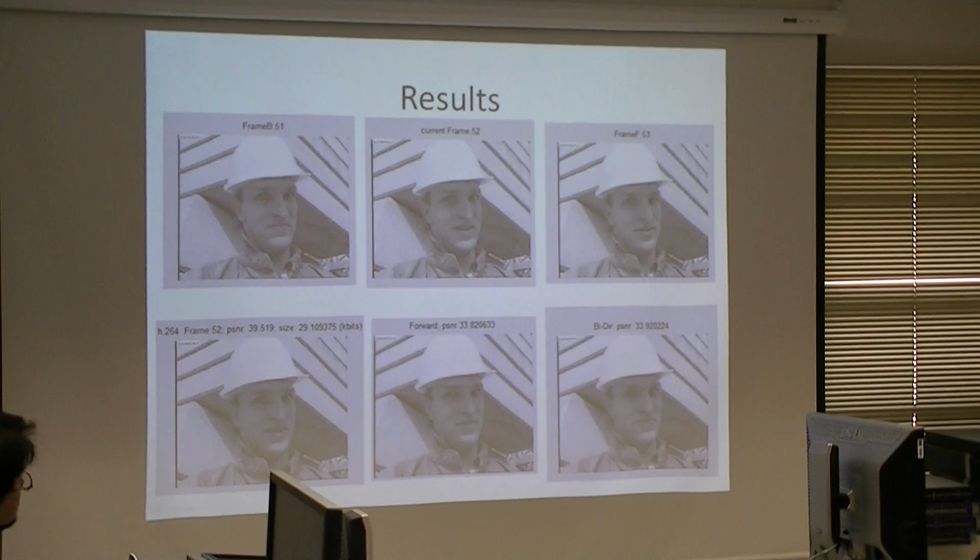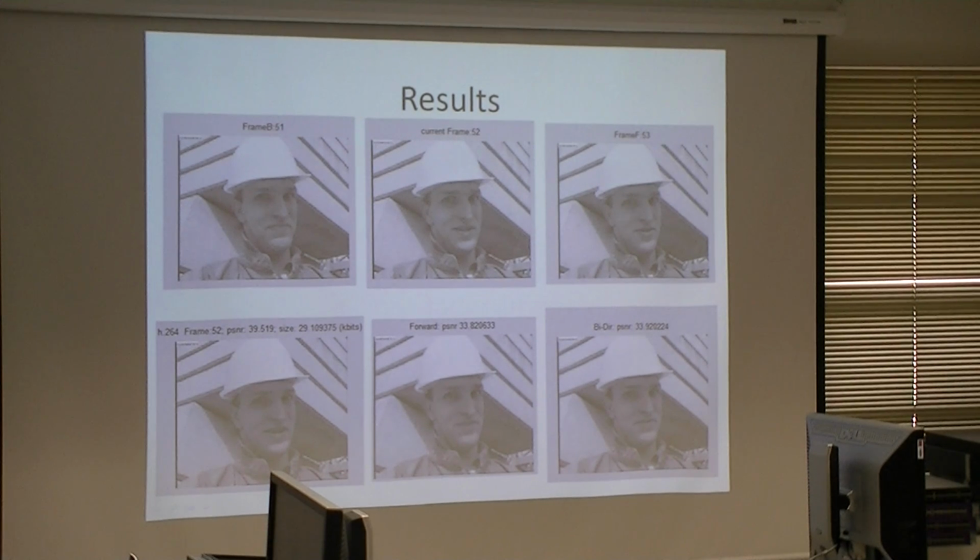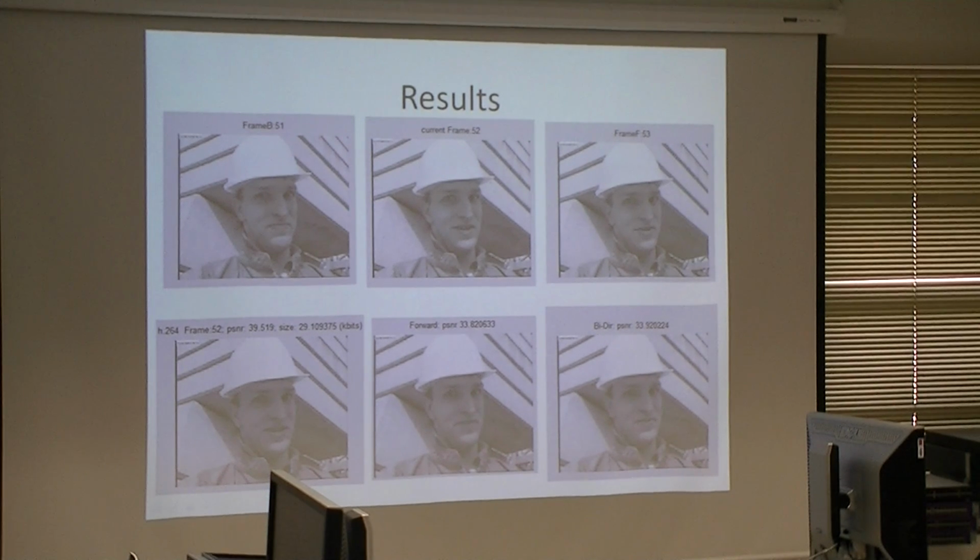In this case, the visual quality is, I don't want to say good enough, but it looks good. There are no artificial blocks, so in this way, you can simply drop those frames. And we can see the bi-directional motion estimation always outperforms the forward motion estimation.